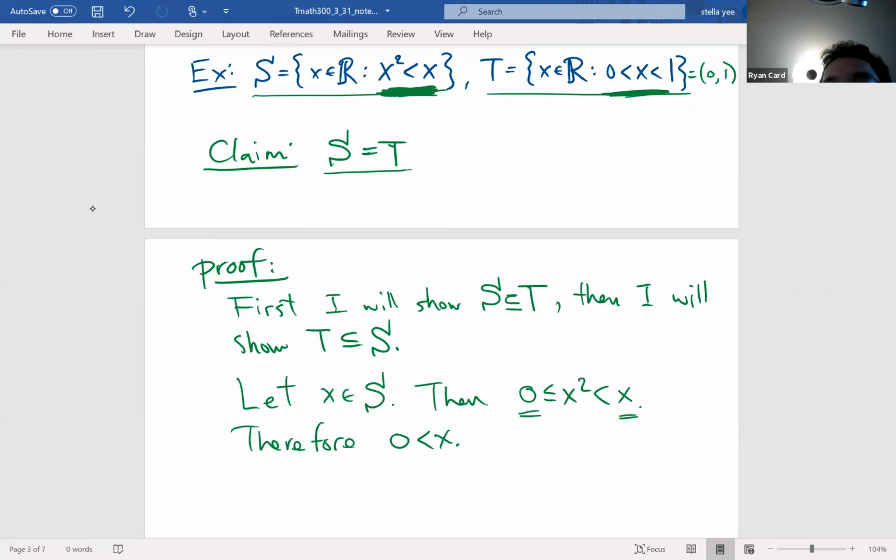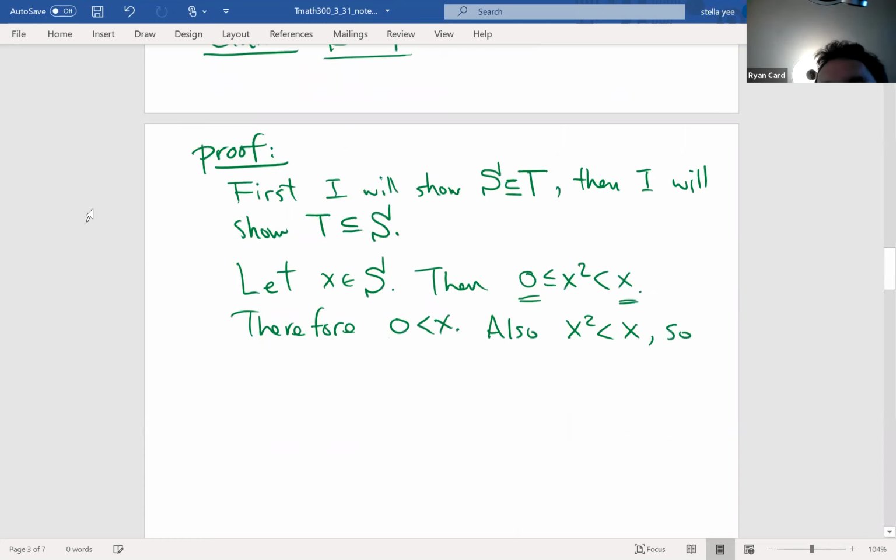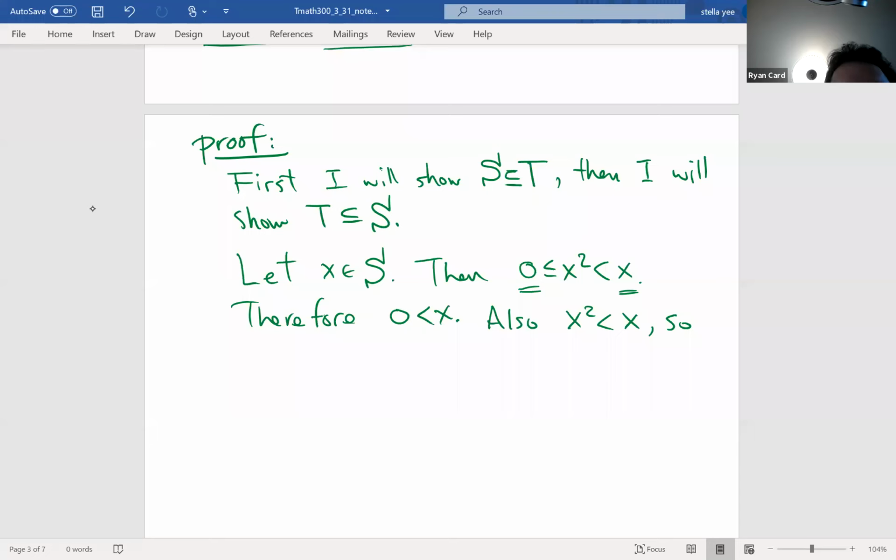So that completes the first half of the description: 0 is less than x. Also, if we start with the expression x squared is less than x, which we know is true from the description of the set S, and divide both sides by x, we get x is less than 1, right? If I divide the left-hand side by x, I get x.